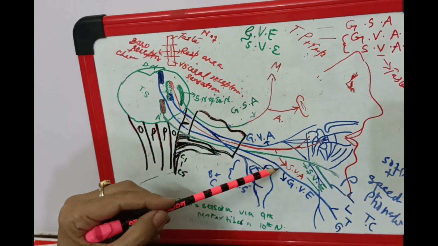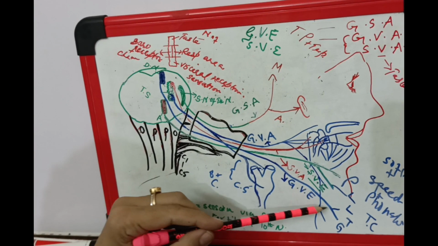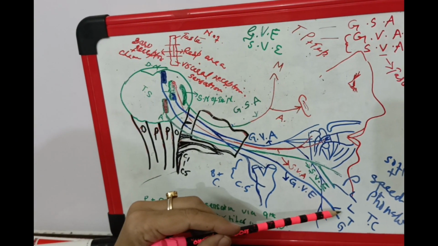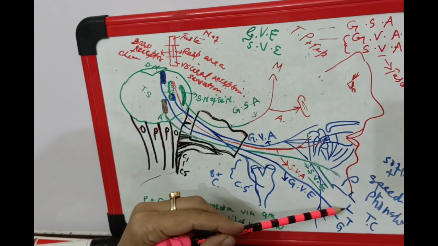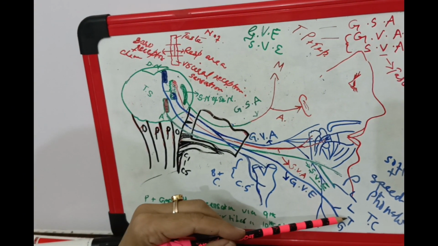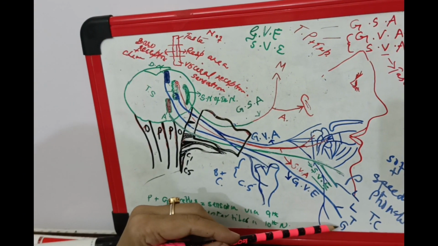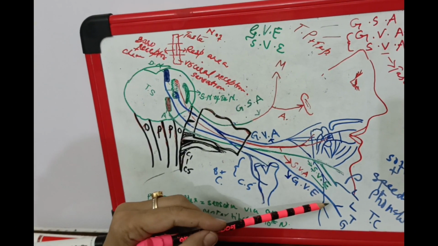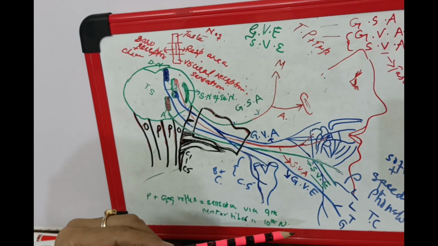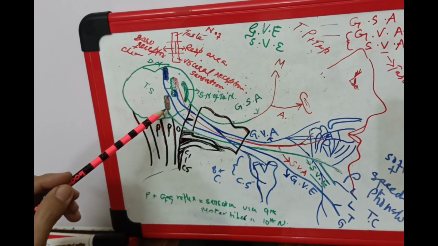So they are supposed to supply the muscles, or you would say the glands, of the larynx, pharynx, and the thorax and abdominal area, right? Okay, now you have to concentrate that there is the nucleus ambiguus.